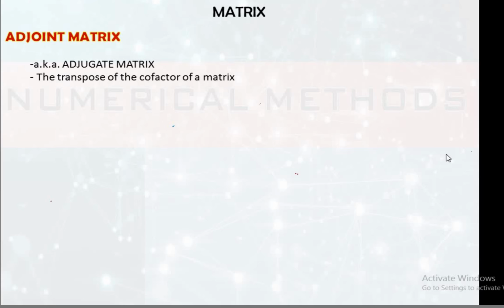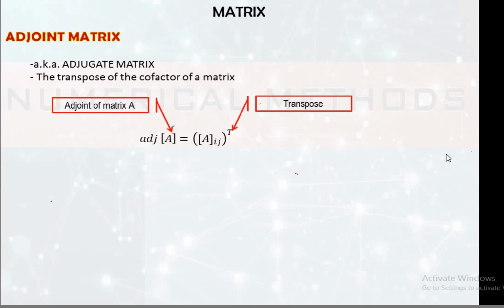Yan yung adjoint matrix. So, this is the adjoint of matrix A that is equal to the transposed cofactor, yung ating matrix Aij, that is the cofactor of matrix A.